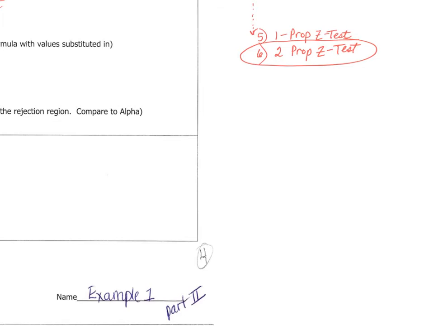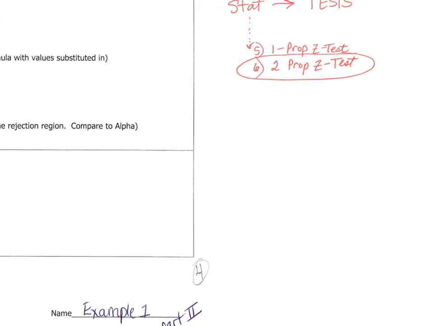When you do that, here's what shows up. You get X1, N1, and then X2, N2, and then it gives you P1 not equal to P2. We'll talk about that in a second. A couple things.